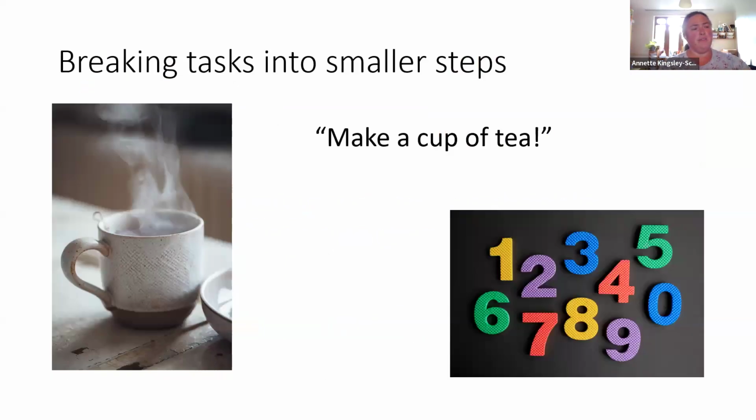So just quickly, if you think of breaking tasks into smaller steps, so using an adult example of making a cup of tea, for some children, especially those with SEND, they may need tasks broken down into smaller steps for them to complete before moving on to the next step.